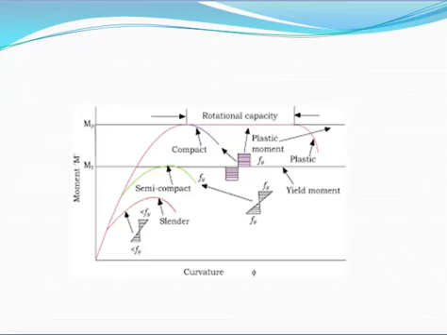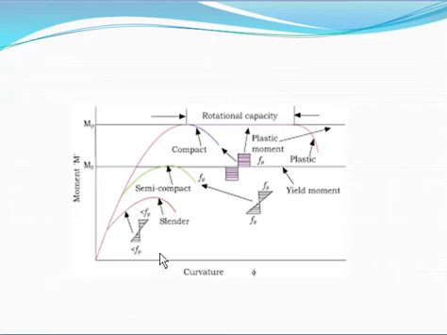You can see here in the diagram. First of all, if any material is loaded, this is the elastic limit. In the stress strain curve you can already see that stress is directly proportional to strain within the elastic limit. It means up to this limit there is an elastic portion, and the capacity to resist the moment is very less.